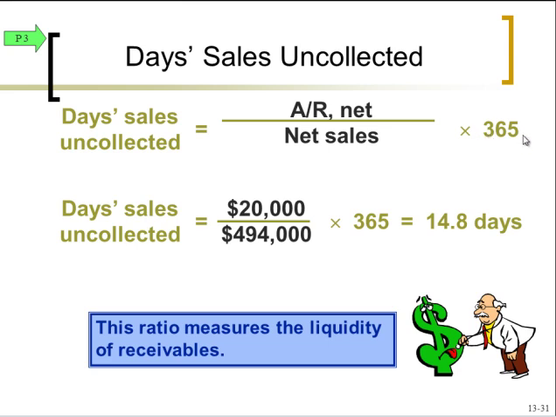This will convert it to a day figure. In this case, we find 14.8 days. So on average, it takes us about 14.8 days to collect these accounts receivable. Obviously, the shorter, the better.